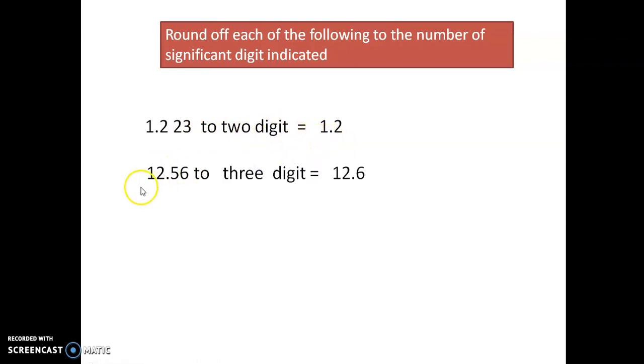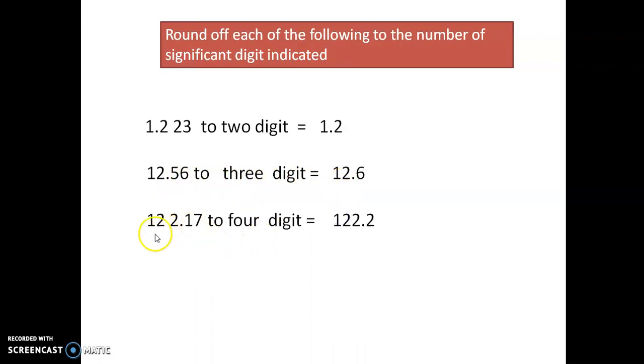So lastly we see, round off each of the following to the number of significant digits indicated. So for that, 1.23 to 2 digits, so it becomes 1.2. For 12.56 we have to consider only 3 digits, then it becomes 12.6.